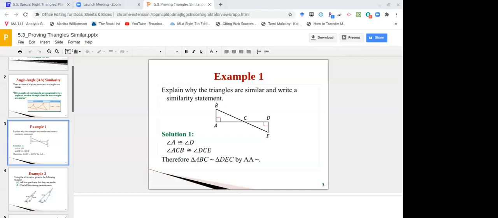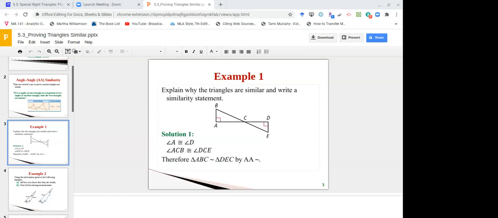So we have angle A is congruent to angle D because they're both right angles. And we see that we have a vertical angle, BAC and EDC, right?